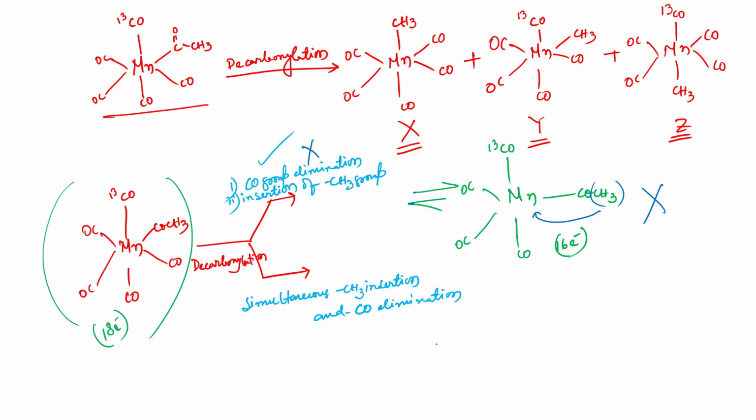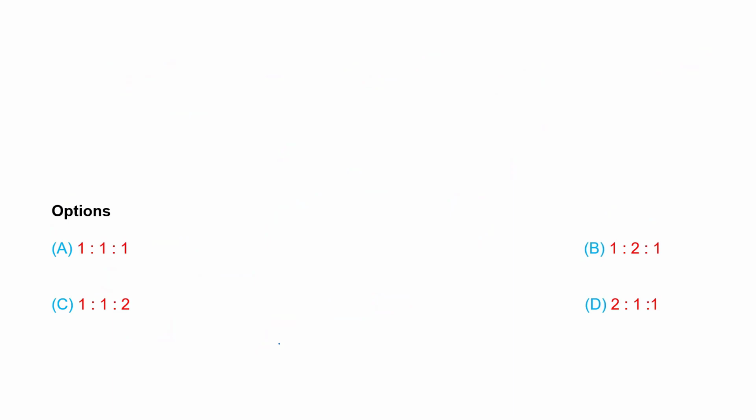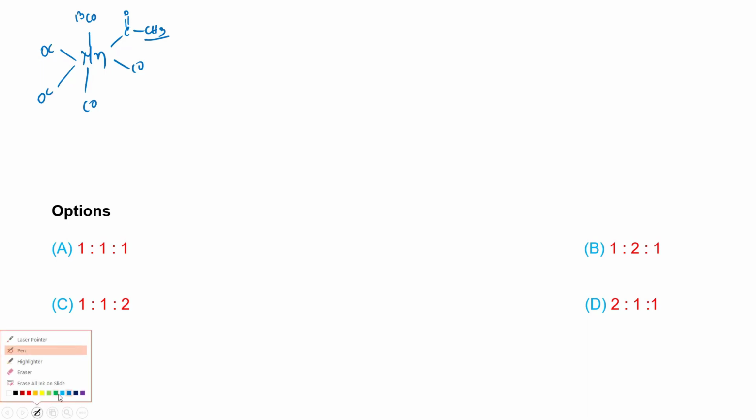Now we will think about simultaneous CH3 insertion and CO elimination. For that, we will draw the compound again. Now this CH3 group can migrate from the acyl to manganese, and any one of the CO groups which are cis to this acyl group can be eliminated: this axial 13CO, another axial CO, and these two equatorial CO groups.